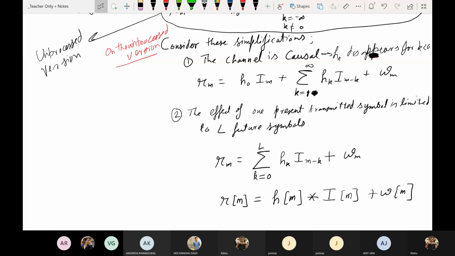And the other simplification that we assume is that suppose we transmit a symbol at time 0.